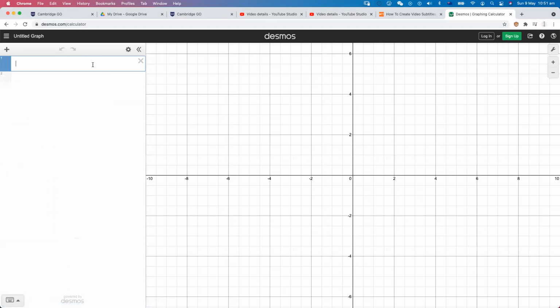So for example, let's say -3 to the power of x, and you're going to see this graph. That's not a graph we're interested in because it's too many dots. So it's not exponential. Remember, exponential is only one part.